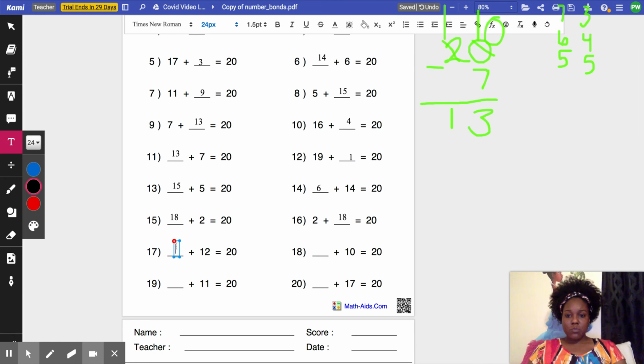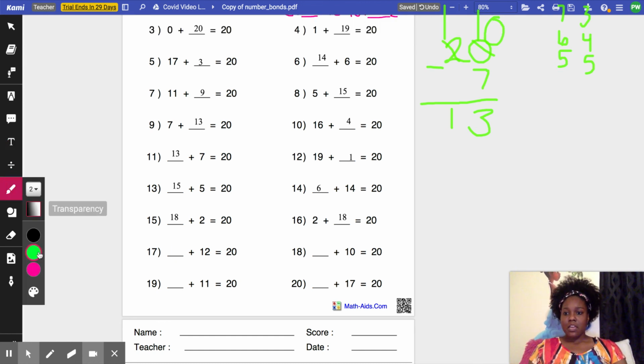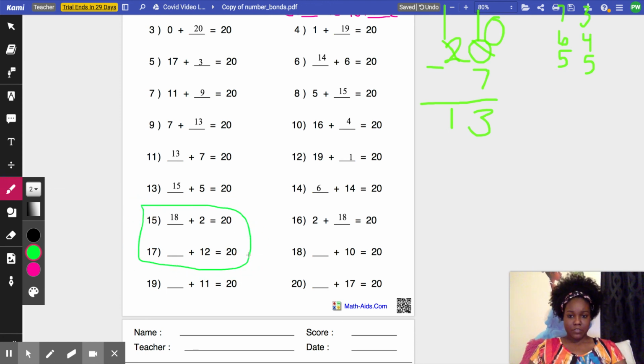Ooh, this one looks cool. Huh. In my mind, I'm seeing a relationship. I'm seeing that these two problems look very similar, even though this one is 18 and 2, this is blank and 12. So I'm thinking to myself, what if I took this 10?